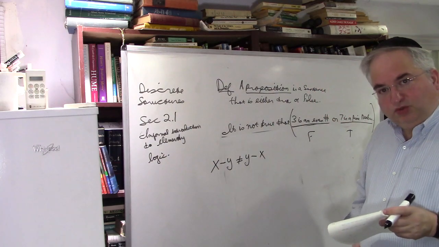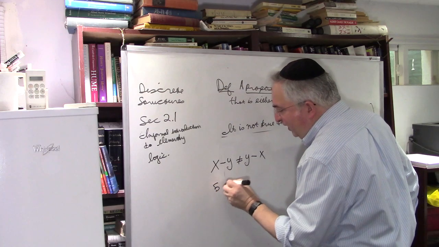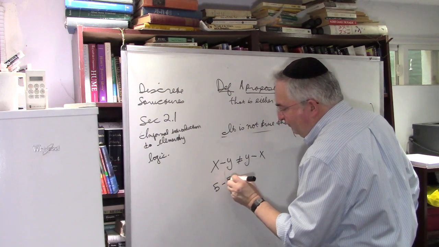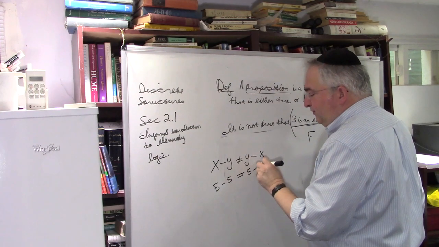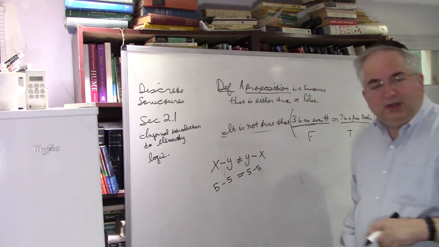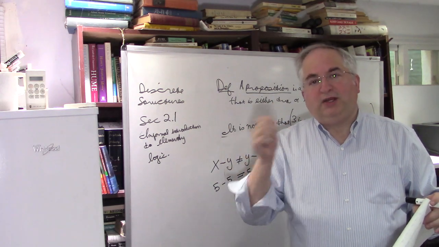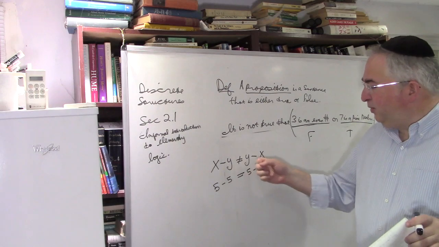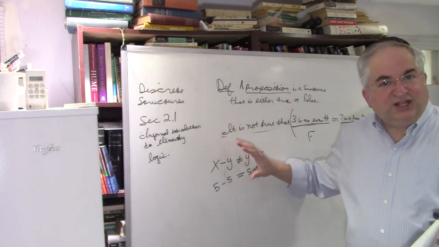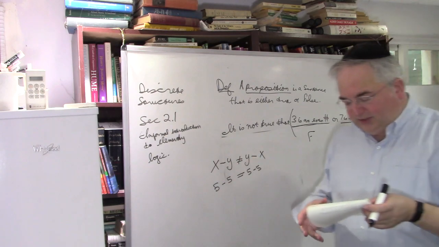That seems to be true, except what happens if I plug in 5 for x and 5 for y? 5 minus 5 is equal to 5 minus 5. Okay? Yes. 5 minus 3 is not the same thing as 3 minus 5. I agree. But sometimes x minus y is equal to y minus x. So that's an ambiguous statement. We don't know what it's stating, what it's not stating.